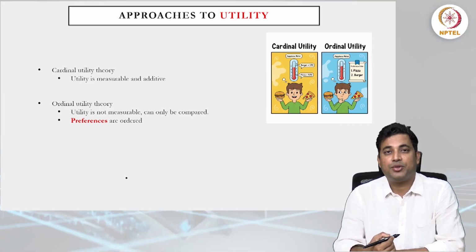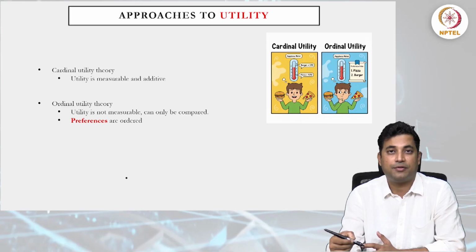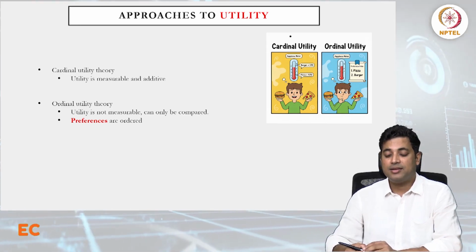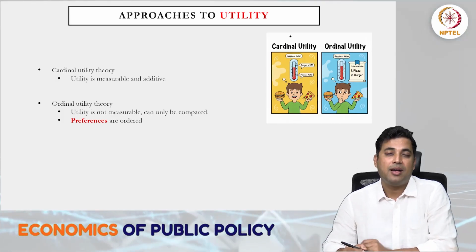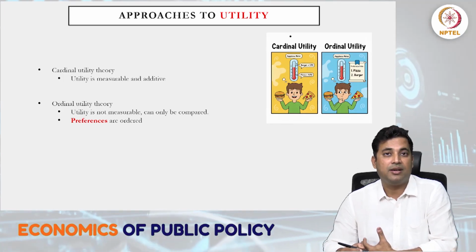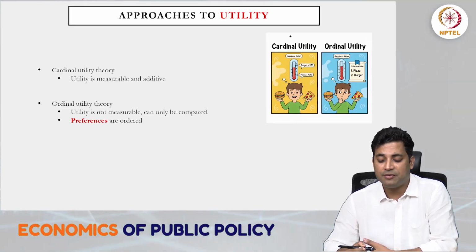Just to give an example, we have two visual pictures. On the left-hand side, say we have two commodities, burger and pizza, and the satisfaction according to the cardinal utility theoretical perspective.